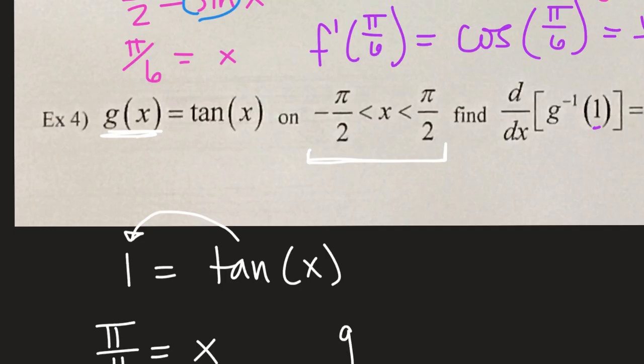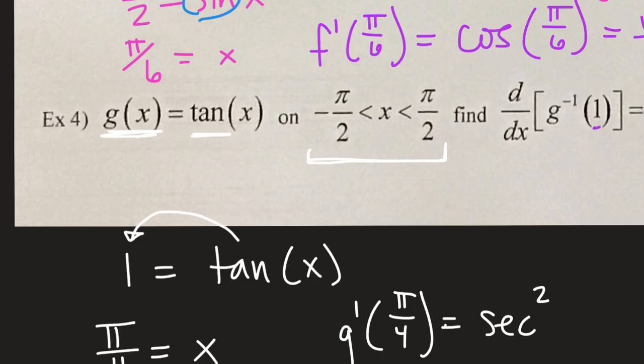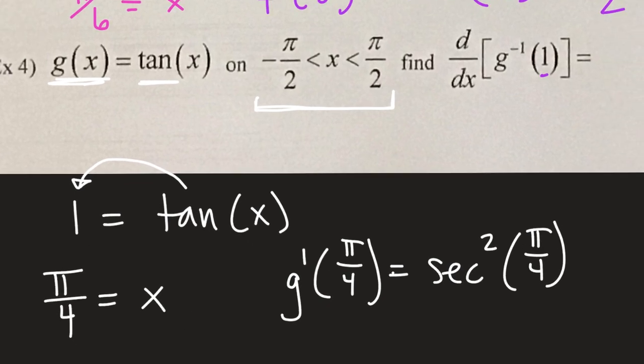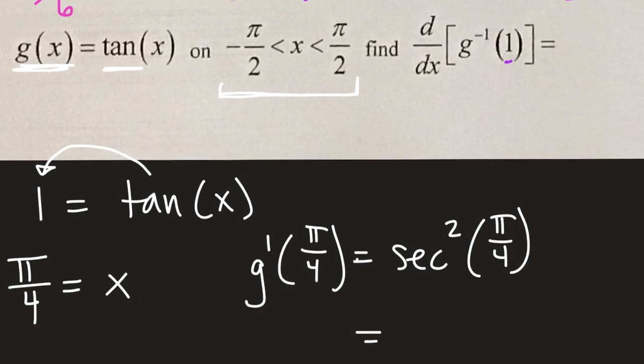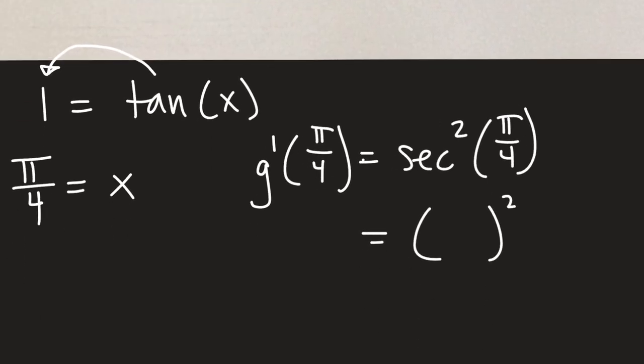So then we want to find what is g prime of pi over 4. So what's the derivative of tan? Secant squared at pi over 4. Okay, so what is the secant at pi over 4? The secant is the reciprocal of the cosine. The cosine at pi over 4 is root 2 over 2. Hopefully you know that one.